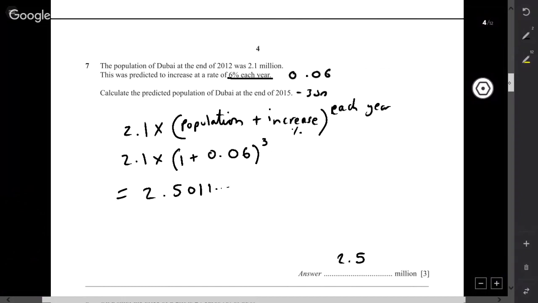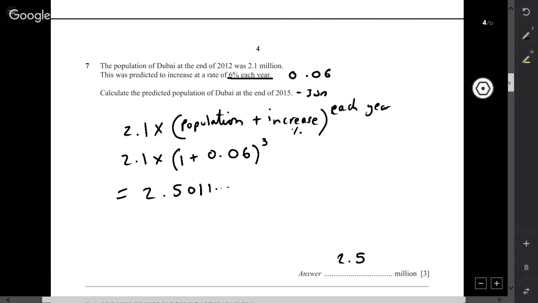So all we're going to do is times the population of 2012, 2.1, by, we always want to add on the current population plus the increase. So as a decimal, that is 1 total plus the increase 0.06, and also as we're doing this 3 times, we want to do this to the power of 3 because we've got 3 years.